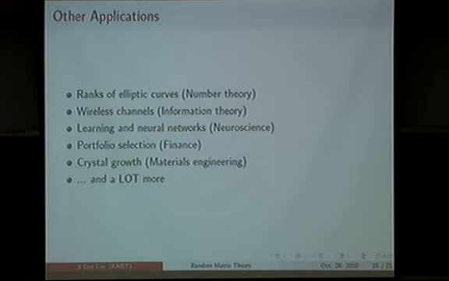In neuroscience, they use random matrices for learning in neural networks. In finance, some people use random matrix theory to model portfolio selection. In materials engineering, they use random matrix theory to model crystal growth. And a lot more.